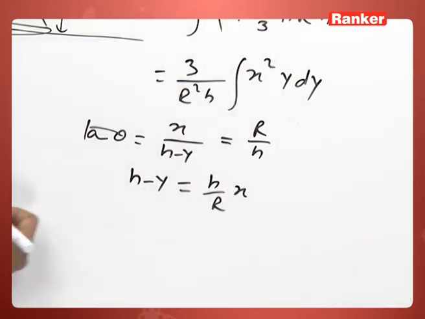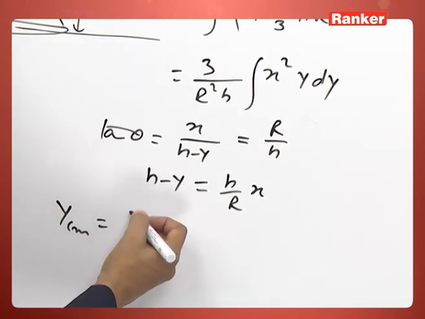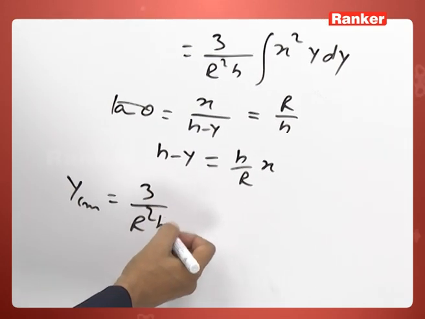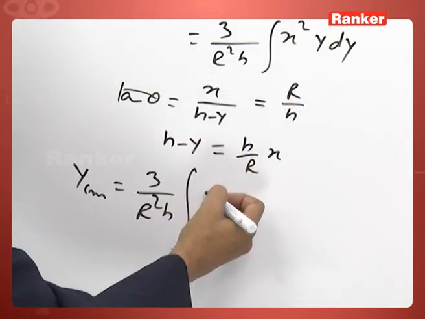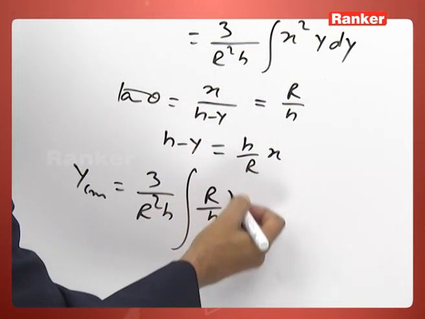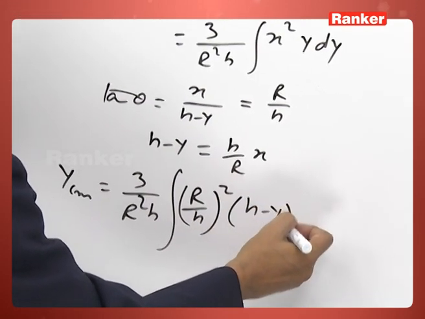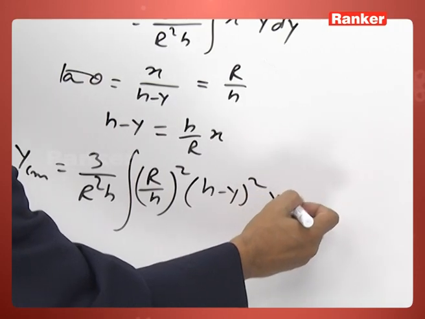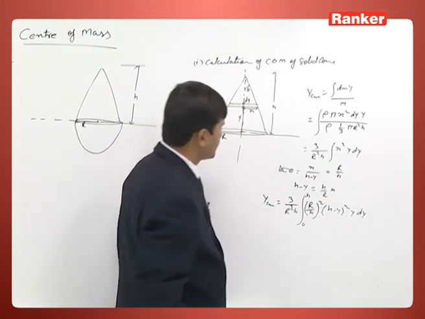See, YCM is equal to 3 by r square h, x square is equal to r by h whole square into h minus y square into y dy, and the limit is 0 to h.